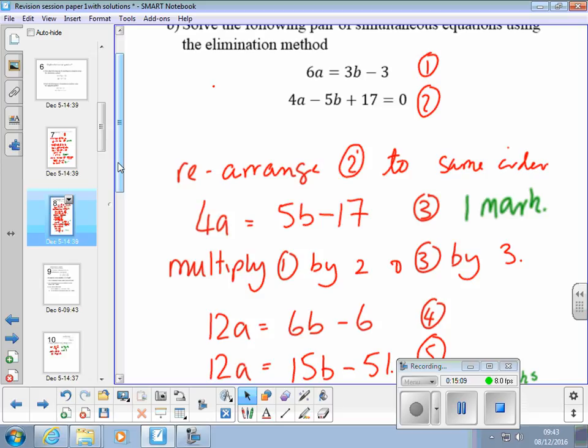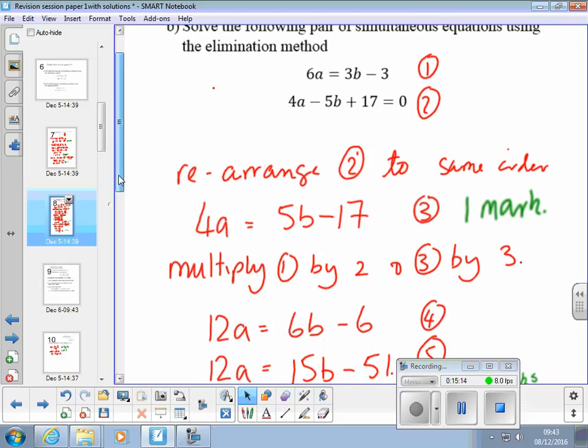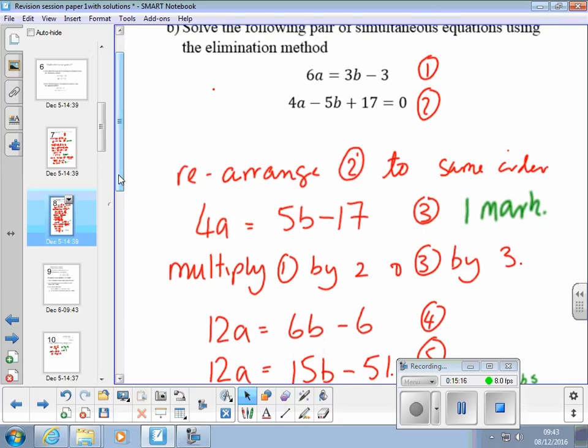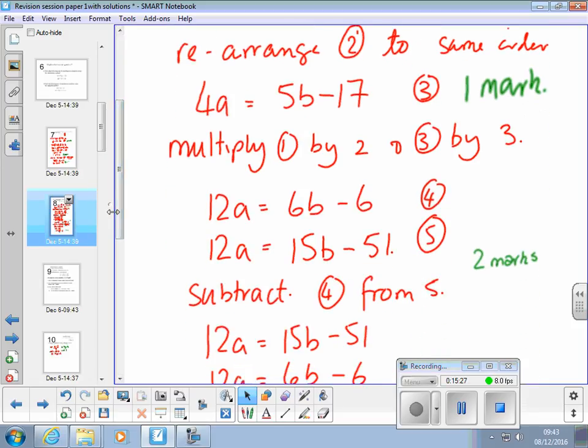It doesn't matter really whether you do it like that. If you can't see a common factor, you would just multiply the top one by 4, and you'd end up with that. It doesn't really matter. The aim is that you get either the coefficient of a or the coefficient of b exactly the same. There are 2 marks for doing that.